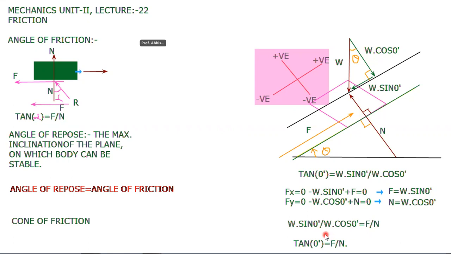This has been proved, and F by N is also tan alpha, which we also call mu, the coefficient of friction.